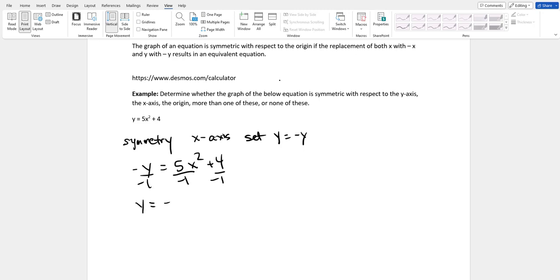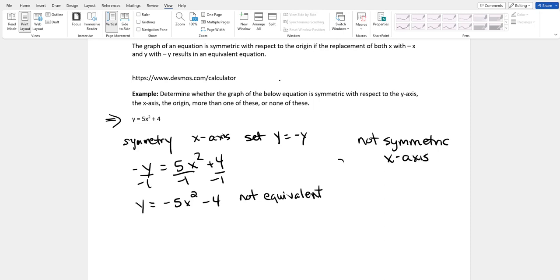Okay, so now let's do another one. We're going to see whether or not this is symmetric about the y-axis. To do that, we're going to set x equal to negative x. So whenever I see x in the original problem, I'm going to set it to negative x, and then I'm going to go ahead and simplify it. I know that negative x squared is just negative x times negative x.